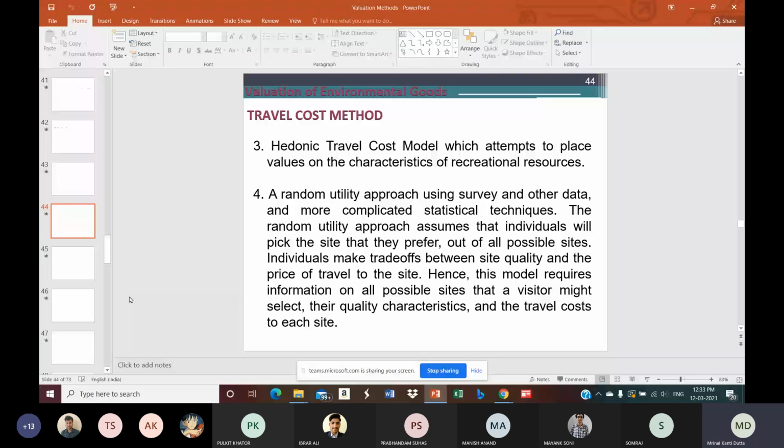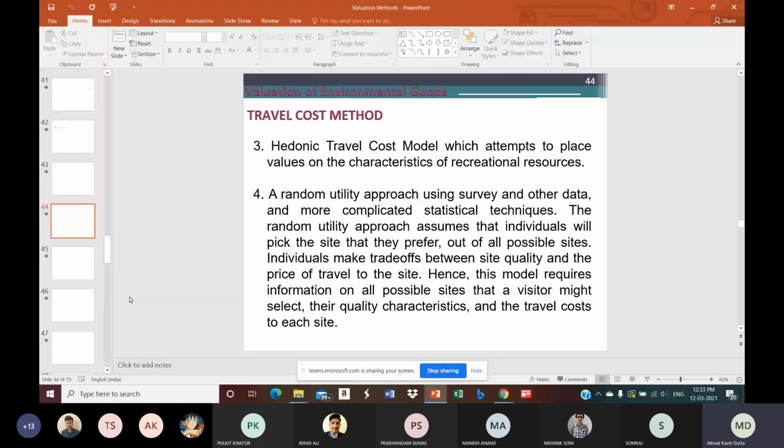If we talk about a particular national park, what are the values that will be put on different attributes or characteristics of the national park, whether it is the flora, whether it is the fauna, whether it is something else which will attract, which will actually fetch different values. Those information will be collected, and these will be used to estimate the demand function for the overall area or maybe location that we talk about.